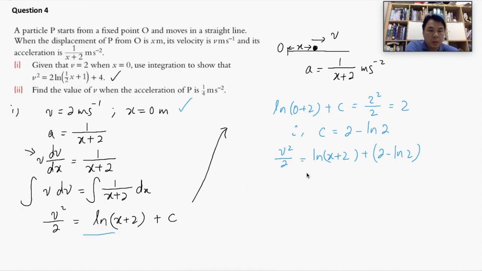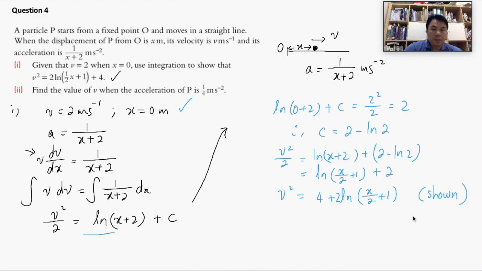So from here, we can rearrange, become ln(x/2 plus 1) plus 2 here, and then v squared will be 4 plus 2 ln(x/2 plus 1). Oh yeah, there's a 2 there. And then let's just compare. Yes, so we managed to show this. Okay, I hope that is clear.